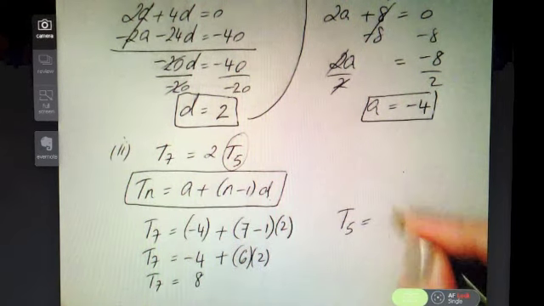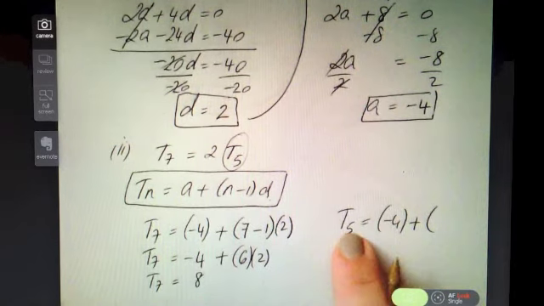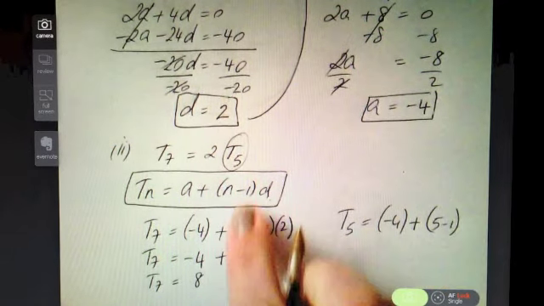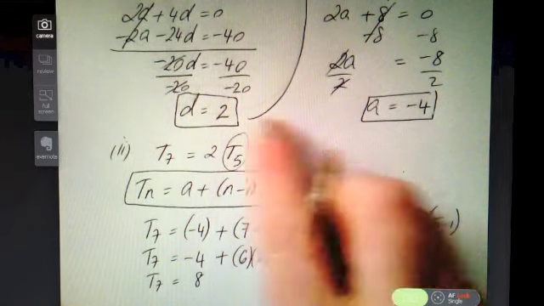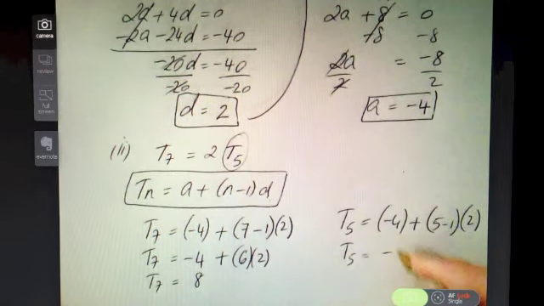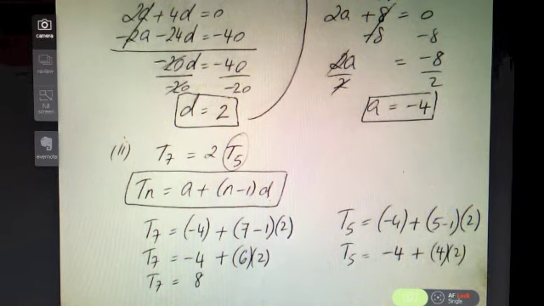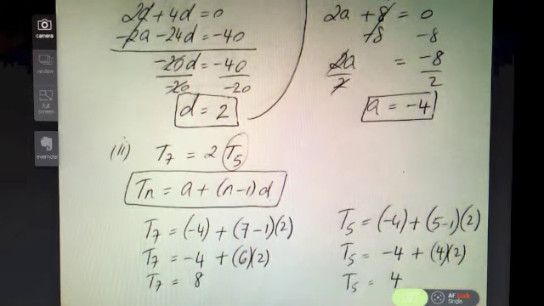I know A is minus 4, plus N in this case is 5, take away 1, and D, I know, of course, is 2. So T5 is equal to minus 4 plus 4 times 2, which is 8. So minus 4 plus 8 is 4.